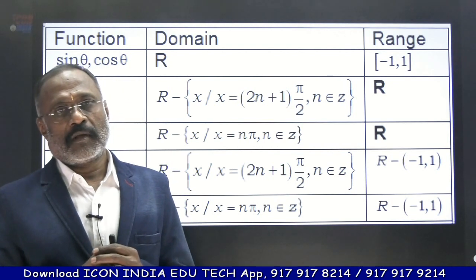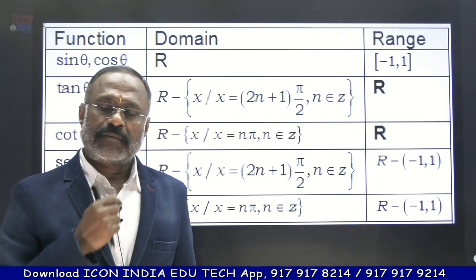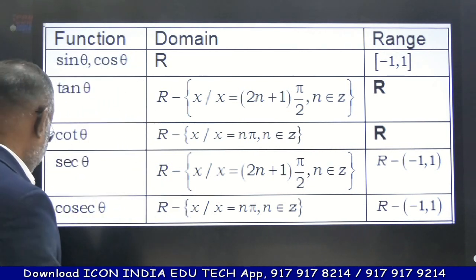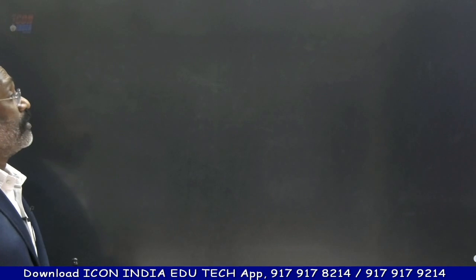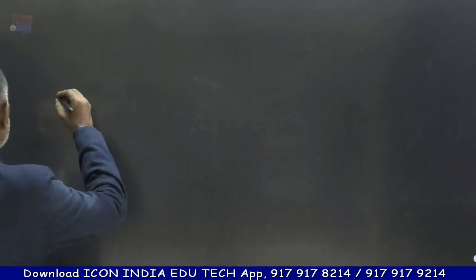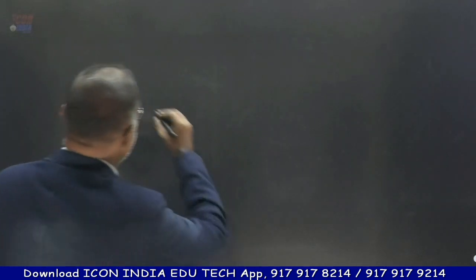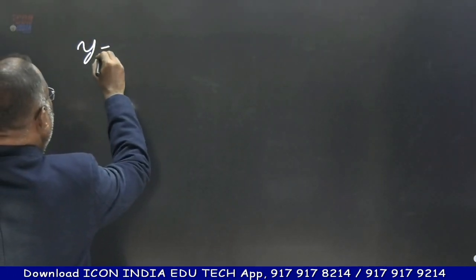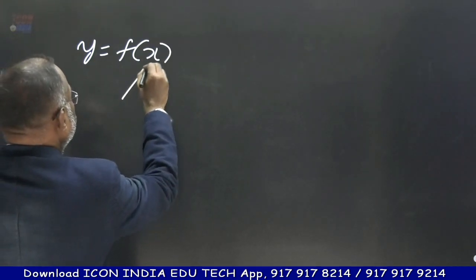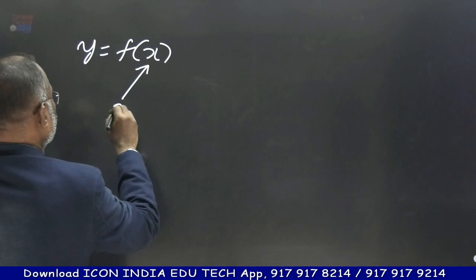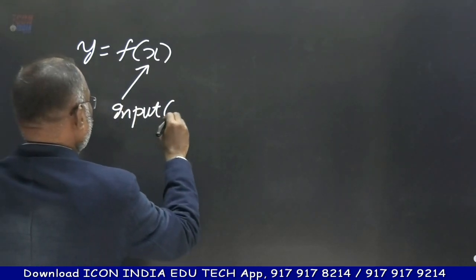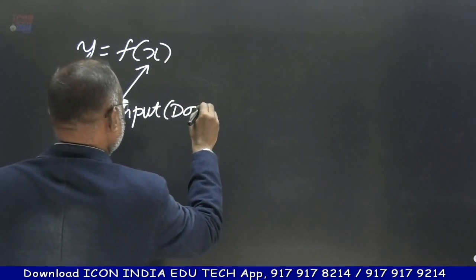whatever value you get from the function is nothing but the range of the function. So, when you take a trigonometric function, for example y is equal to f of x, this is the input. Broadly understood, it's nothing but the domain.